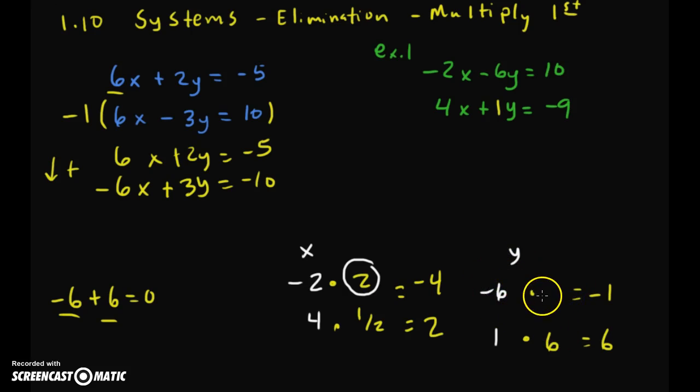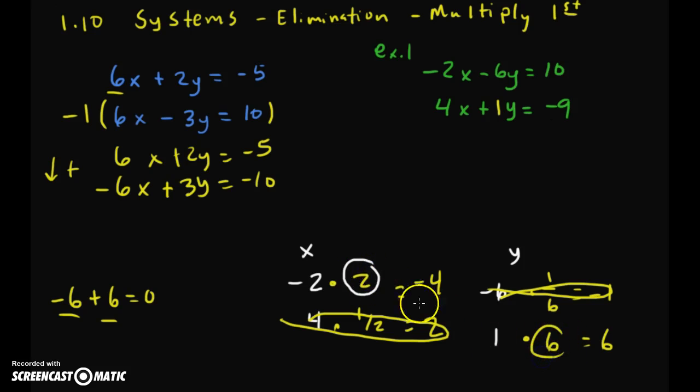A negative times a positive would be a negative, and you'd have to multiply by +1/6 to get a -1. Multiplying by fractions is probably not your best bet, so you can rule those out. We can either multiply by a 2 or by a 6. I suggest multiplying by a 2 because it's a lot easier than multiplying by a 6.